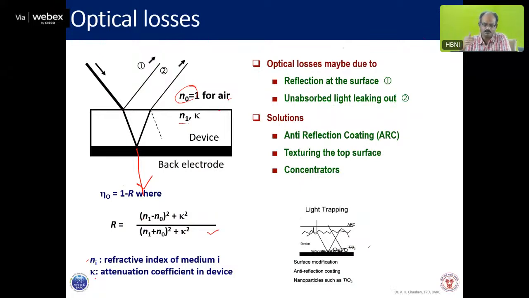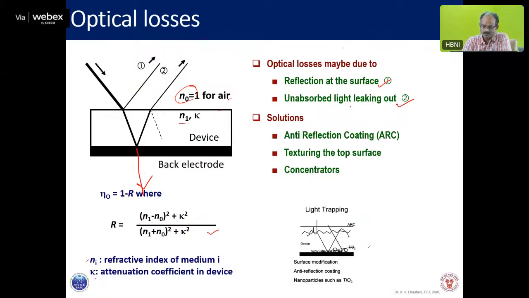At least some part of this radiation will lead to electron hole pair generation. We will see other losses also. So if it is reflected or transmitted, both are total losses.